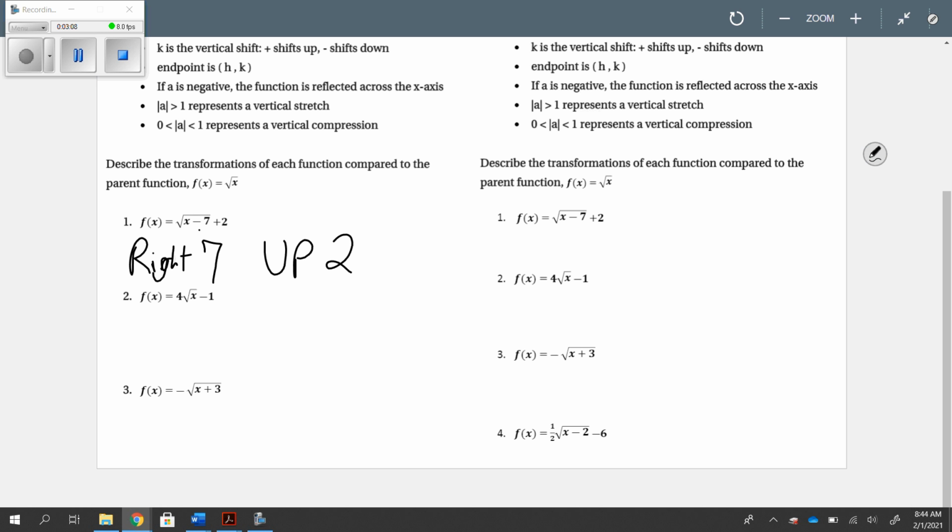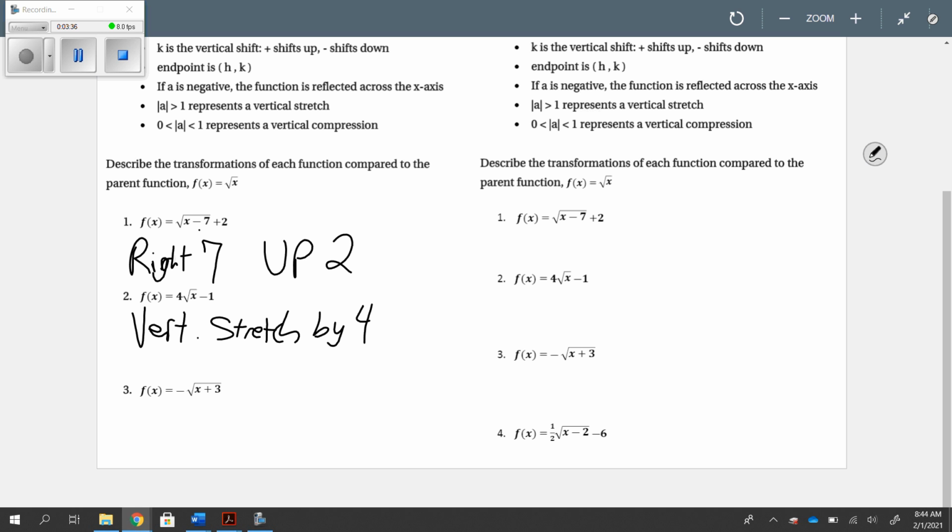All right. Then we see number 2. Number 2 has 4 on the outside, then the square root of x minus 1. That 4, we know that's a vertical stretch by 4. Remember, where a is, which is on the outside before the square root, if it's greater than 1, it's a stretch, so vertical stretch by 4.